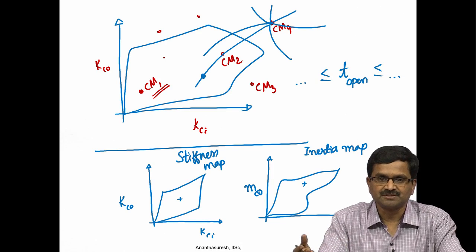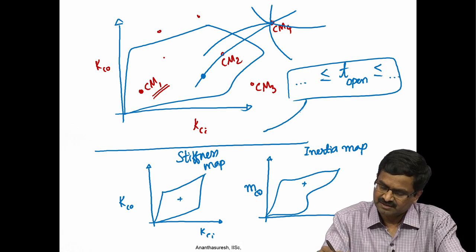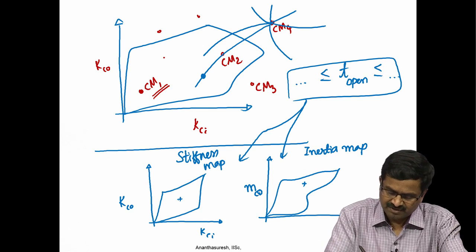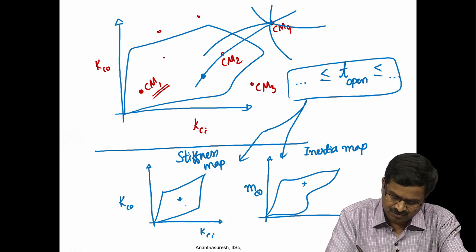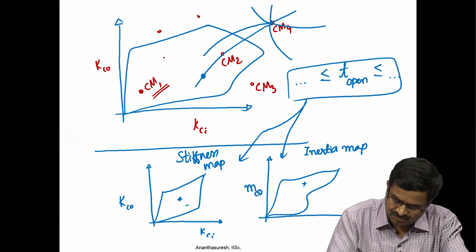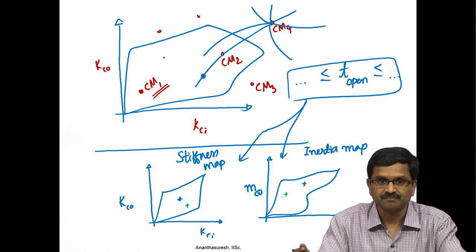There will be more equations for us to solve in terms of constructing these two maps. On the stiffness and inertia maps, whenever the cursor moves from there to another point, it may move out also, right.